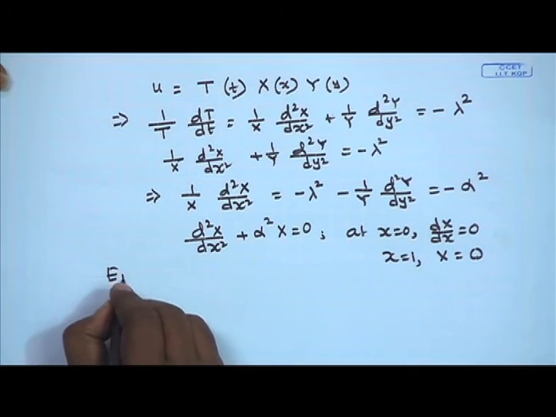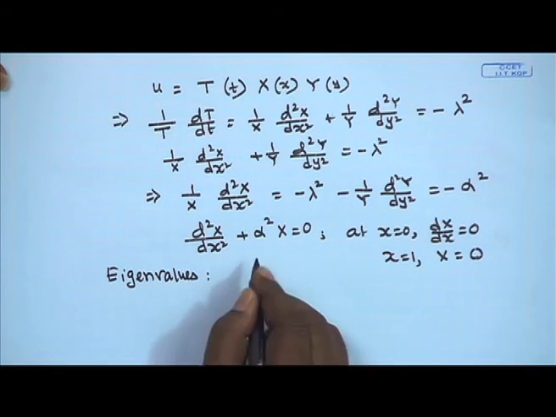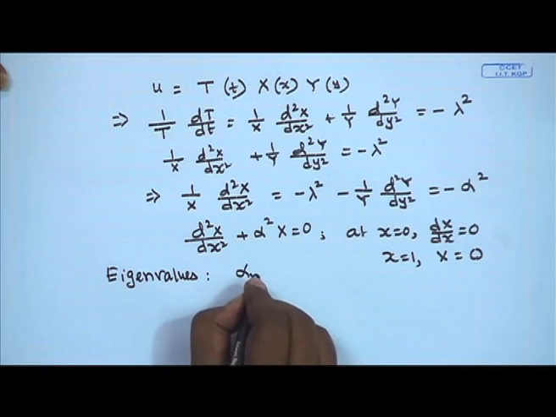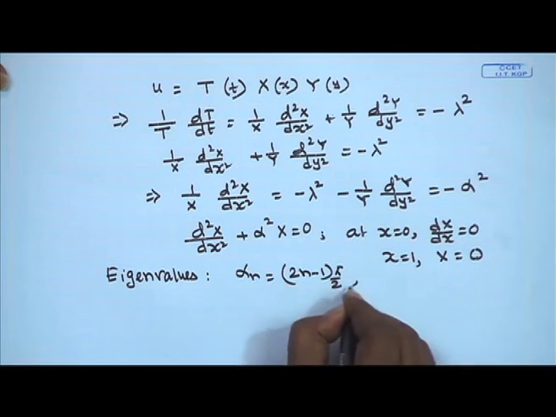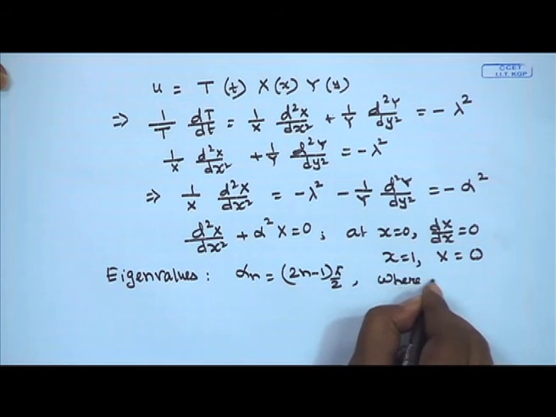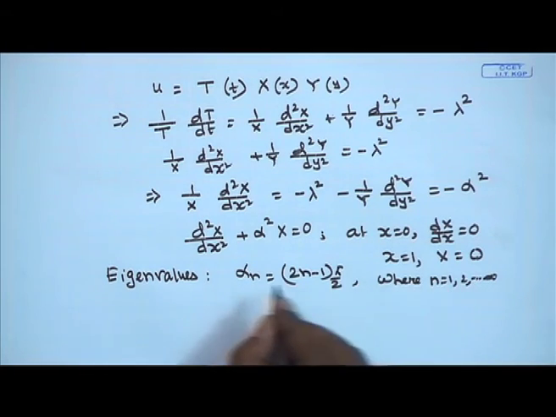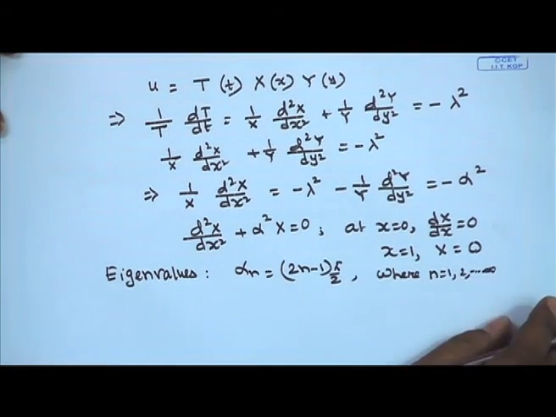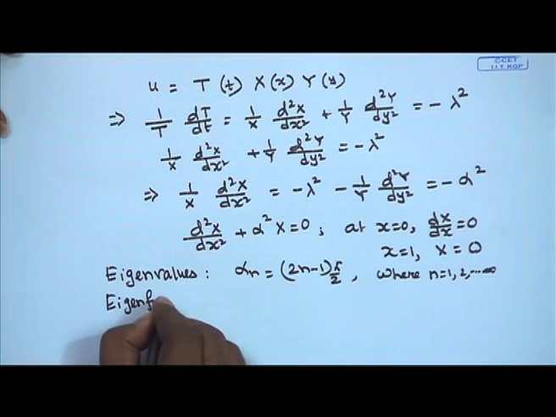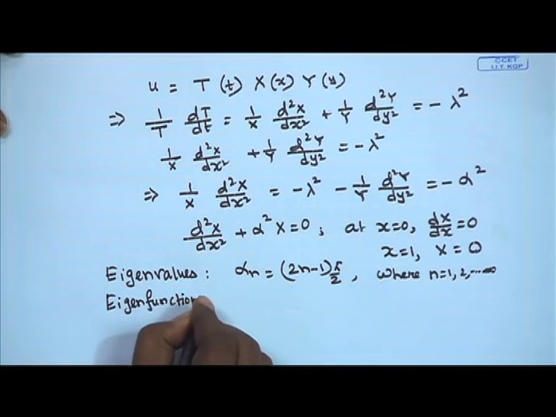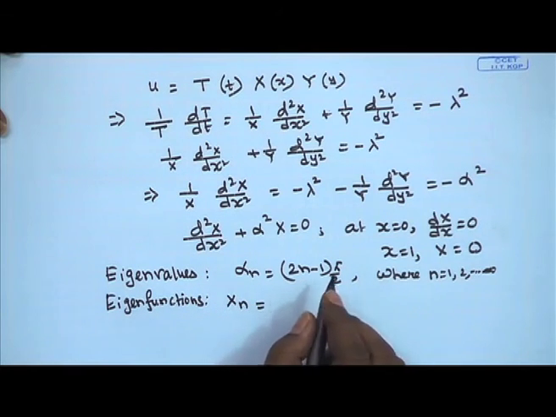So, eigenvalues alpha n is equal to (2n minus 1) pi by 2, where n is running from 1 to infinity, and eigenfunctions X n corresponding to nth eigenvalue.